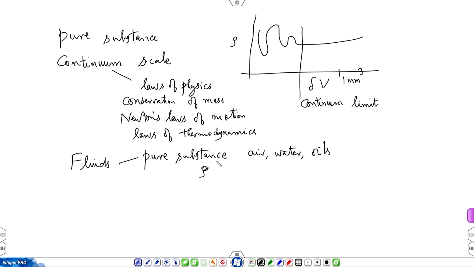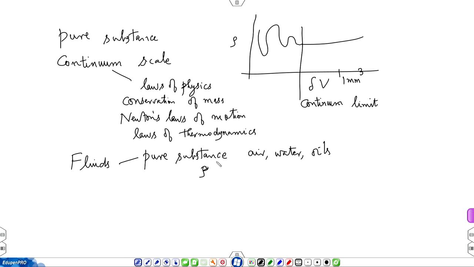It could be at a small scale or a large scale, but within the continuum range, it is characterized by a density rho. Now, these elementary particles have their own interactions at the small scale. So, they manifest as internal forces on the large scale.